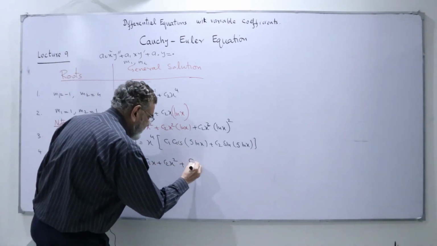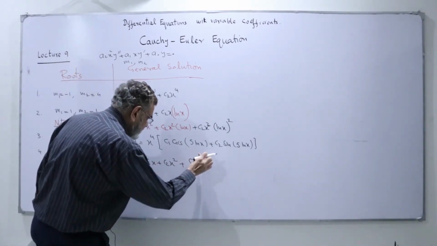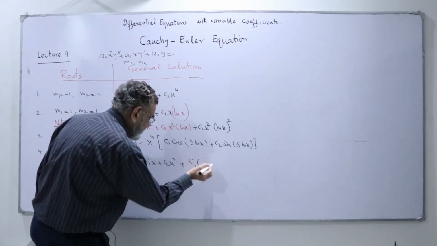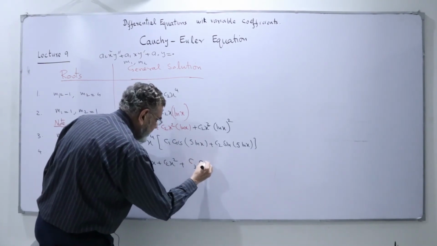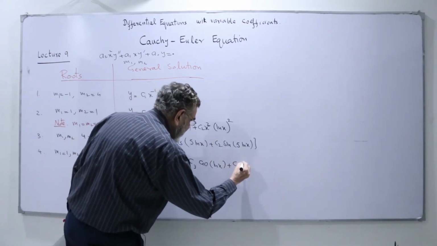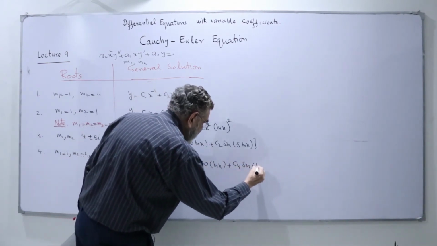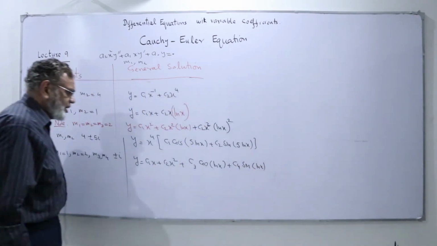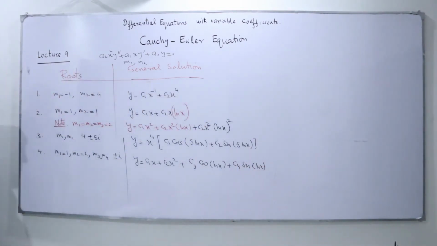Then c3 cosine beta, beta is 1, we get here ln of x, plus c4 sine beta, beta is 1, we get here ln of x. So this is my solution in case we have the mixed roots.